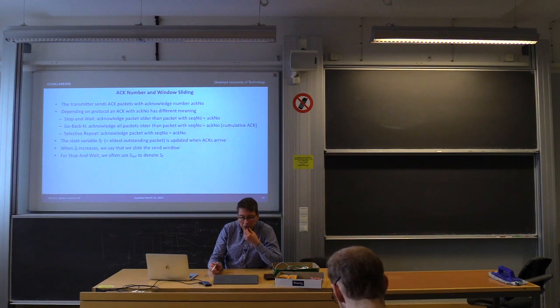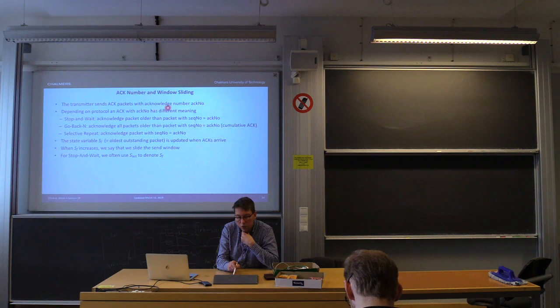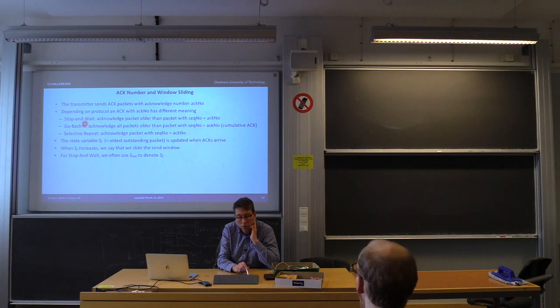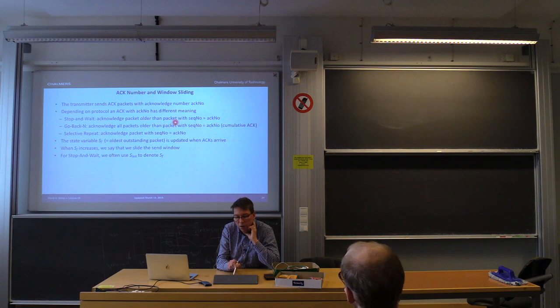Now, acknowledgements. A receiver sends acknowledgements with an acknowledgement number. This is sort of like a sequence number in the ACK frame. Depending on the protocol, an ACK with a certain ACK number can have different meanings. In stop and wait, for instance, we acknowledge the packet which is older than the packet with sequence number equal to the ACK number. I'll show this graphically on the next slide.